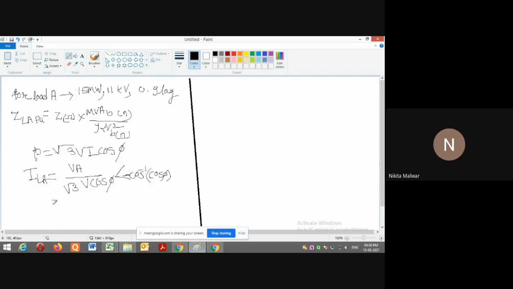Now consider the value for volt ampere. Your value is 15 megawatt.